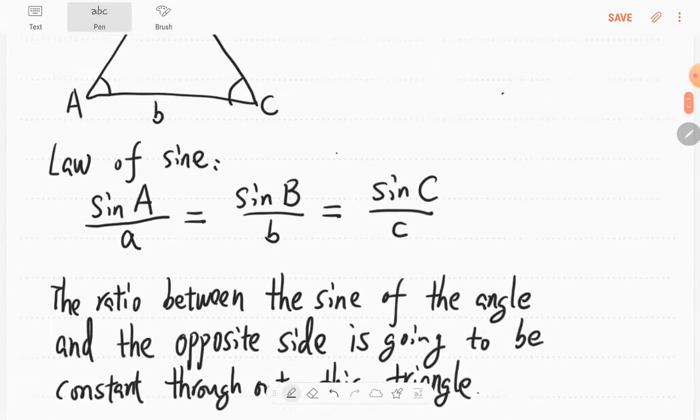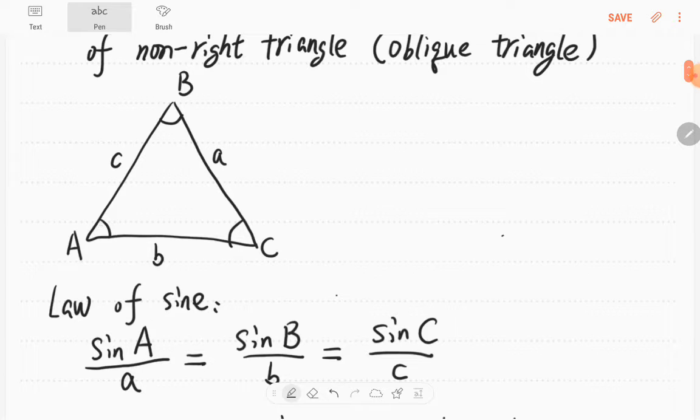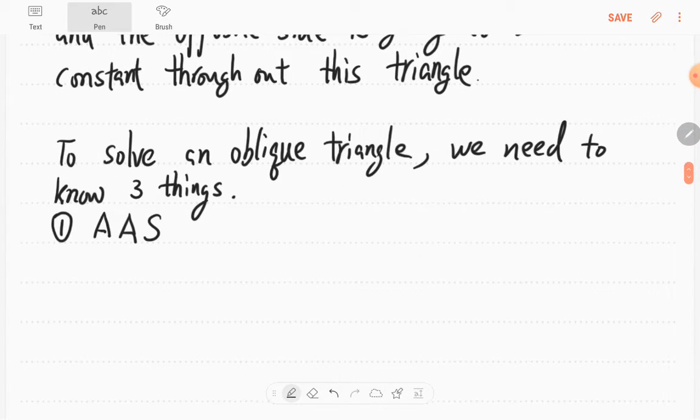For example, if you know angle A and angle B, you need to know side a or side b, not side c, because side c is between angle A and angle B. Then we can solve the oblique triangle.